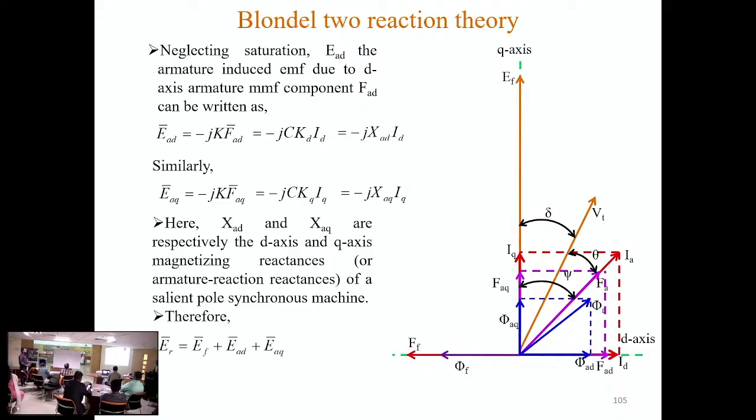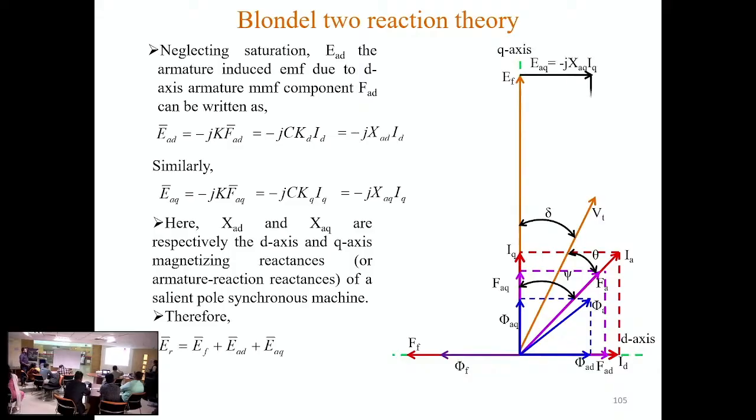So now we can write this voltage equation. ER equals EF plus EAD plus EAQ, which can be replaced by these two negative voltage drops. That means from EF we are subtracting those two reactive drops to get ER, that means the voltage behind the leakage reactance.